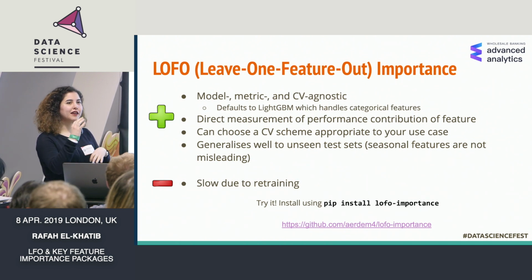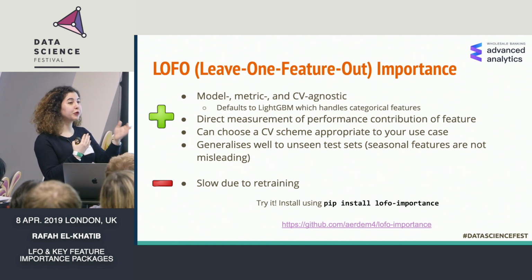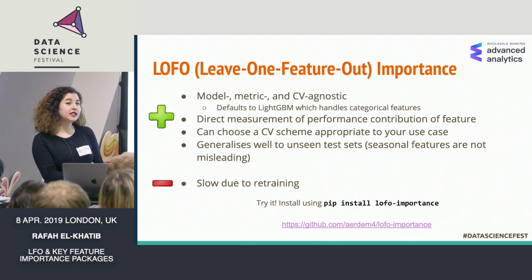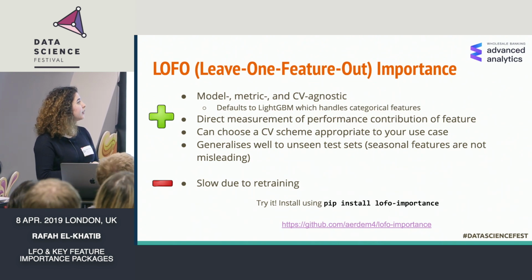It's heuristic, not without foundations in theory, but it directly measures the impact on performance, which is what we want in data science. You can choose whatever validation scheme suits your use case, and it generalizes well to unseen test sets if you use, let's say, time series splits. So seasonal features stop being misleading.